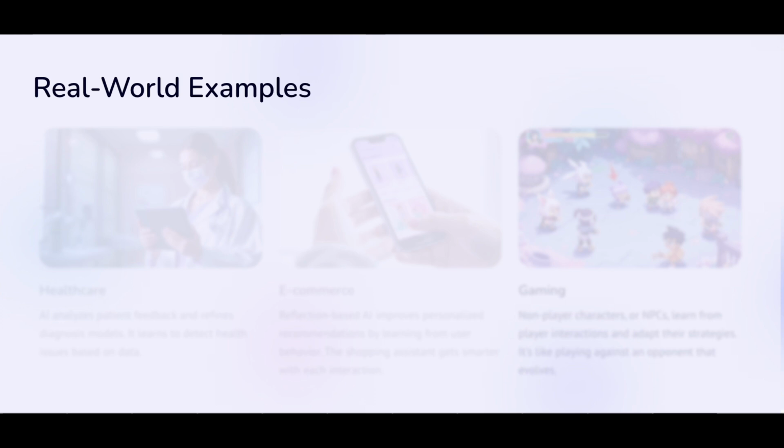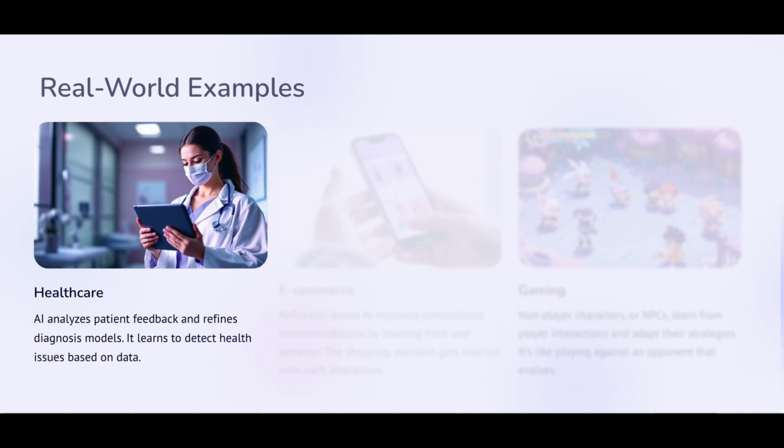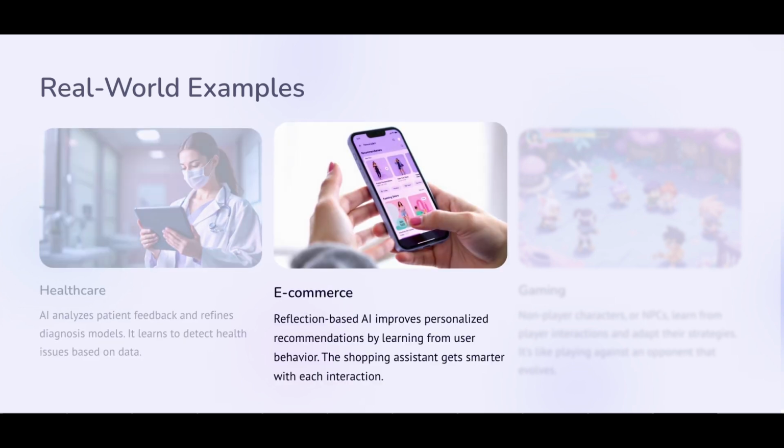Now let's talk about some real world examples of how reflection-based AI is being applied in different fields. In healthcare, it's being used to analyze patient feedback and refine diagnosis models. Imagine an AI improving its ability to detect health issues based on patient data over time. In e-commerce, reflection-based agents help improve personalized recommendations by learning from user behavior.